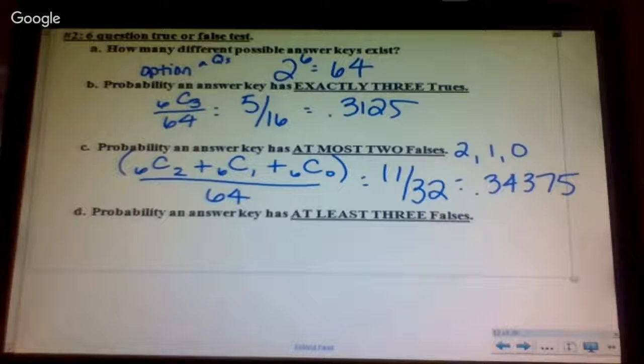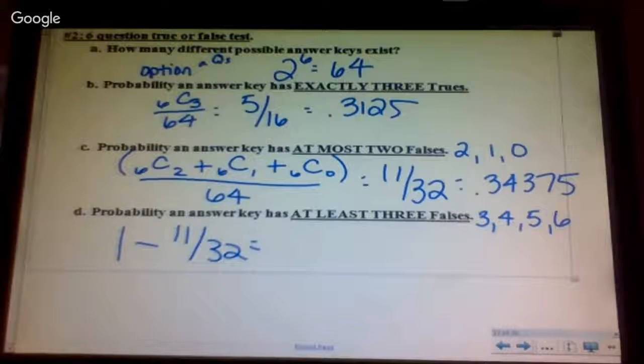Now, before you start plugging in this big, huge equation, probability of an answer key having at least 3 falses. What does that mean? 3, 4, 5, or 6. What is this compared to that? The opposite, or the complement. So I can do 1 minus 11/32 to get this answer and shortcut myself.